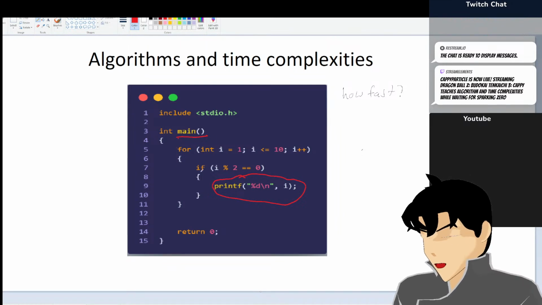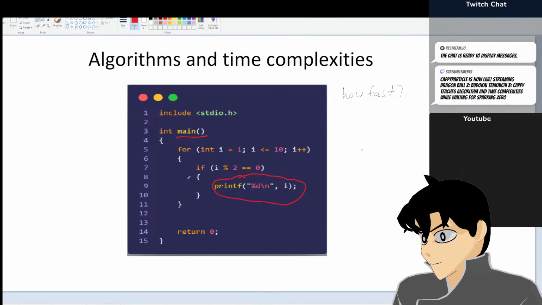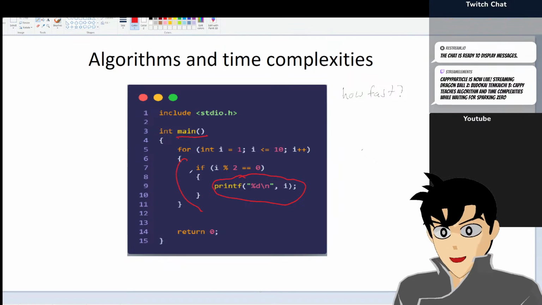This is a for loop, where it's like, for this, until this, you do this. Alright?